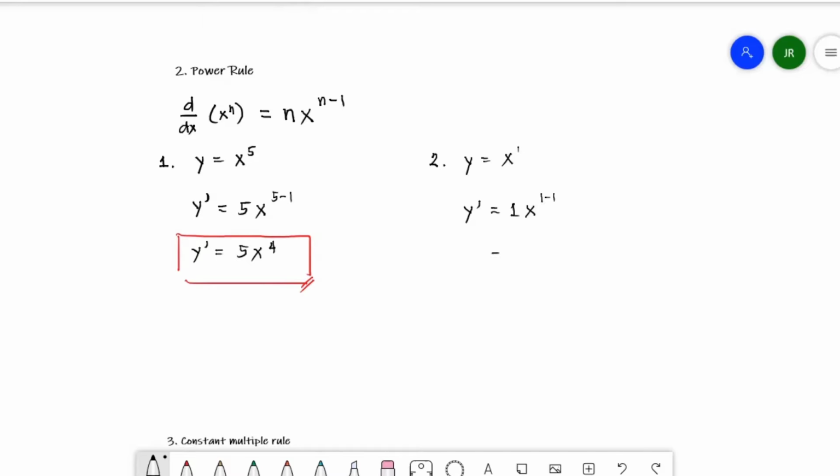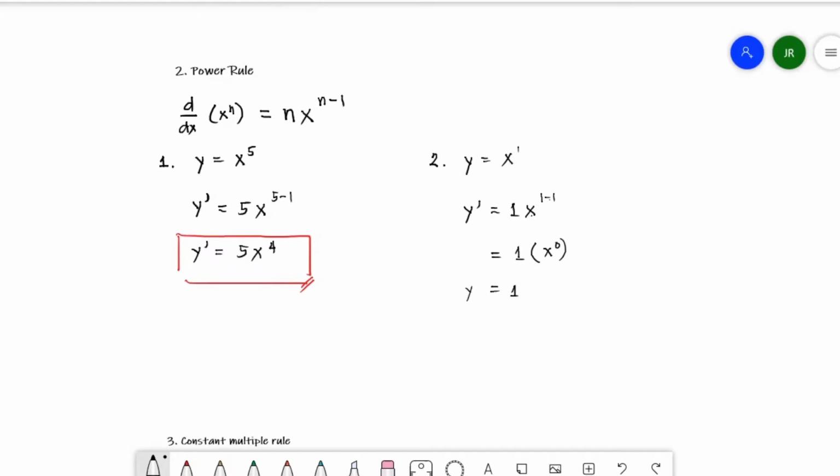So that is equal to 1 multiplied by x raised to 1 minus 1 is 0. Okay, so this x raised to 0 ay equivalent lang din sa 1. Again, any number raised to 0, the answer is always 1. Okay, and then 1 multiplied by 1, that is 1.